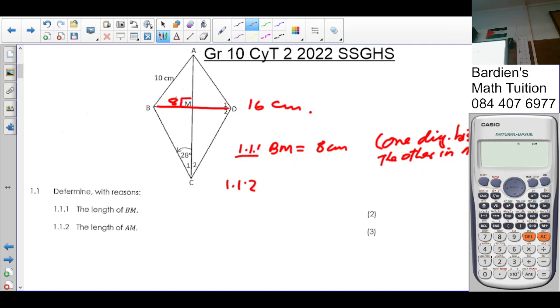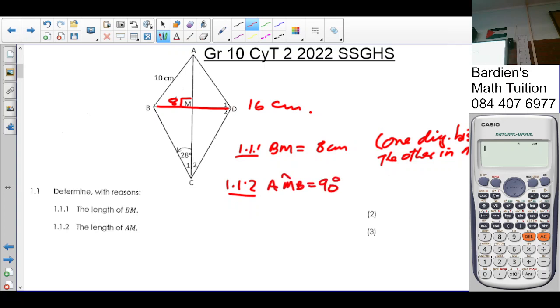Since it's not on the diagram, the 90 degrees is not on the diagram, so what do we do? We have to state it. So we say that angle AMB is 90 degrees.